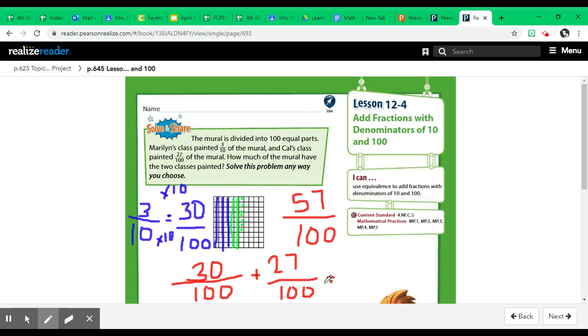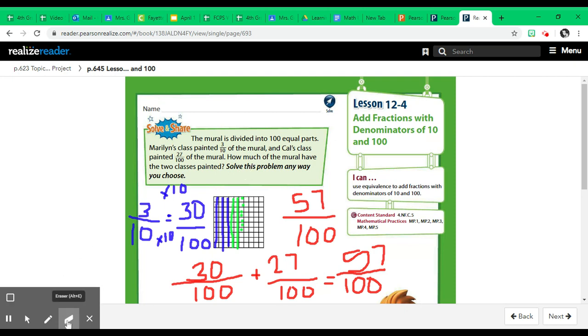We don't add the denominators, we only add the numerators using our rules for adding fractions. 30 plus 27 equals 57. And shoo, that's a rough 5. Does that make sense?